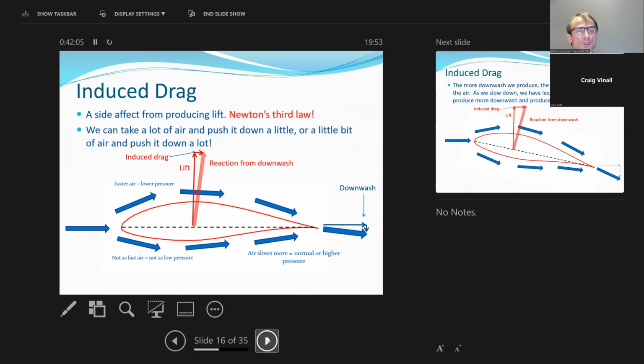The reaction force we get on the airfoil is that thick arrow. We have the lift component, which is the component perpendicular to the original airflow. That's the component straight up. That's what we call lift. And then we have a small amount of that lift reaction going back horizontally. That is our induced drag.